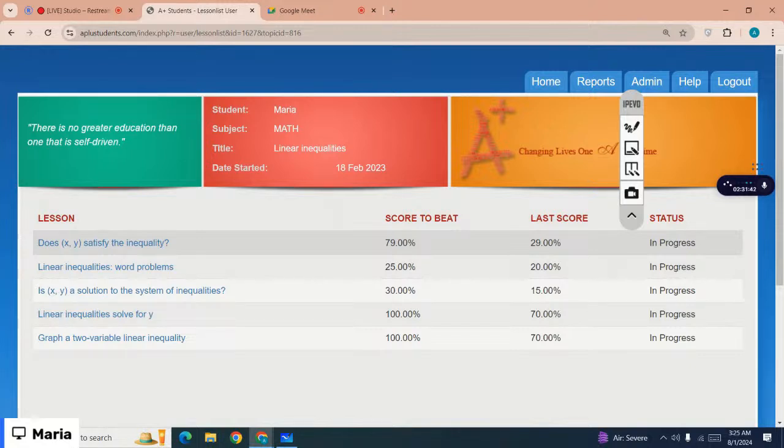Okay, the next lesson is linear inequalities solve for y. Let's just see how to solve the equations.